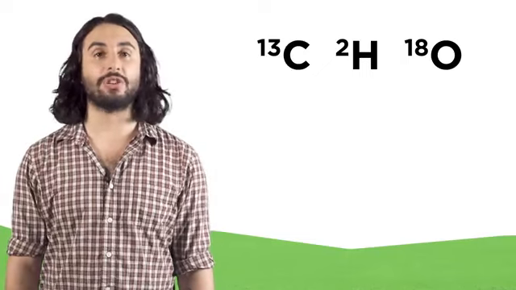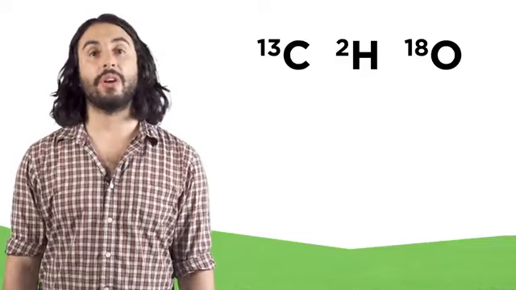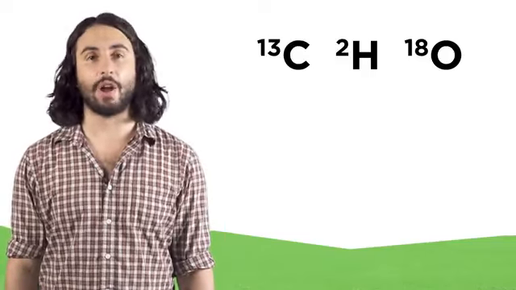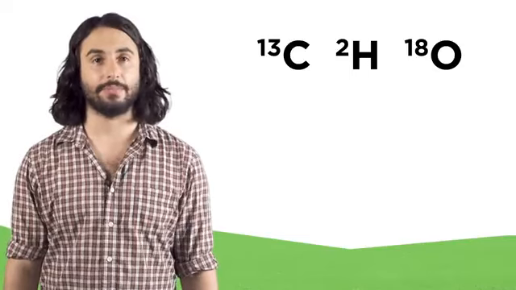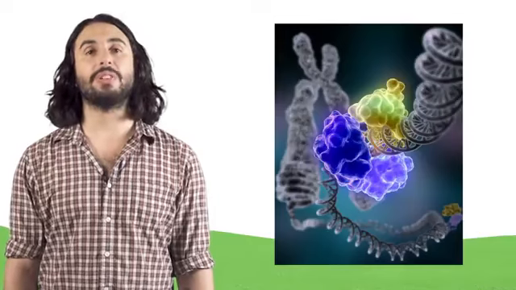Most elements have naturally occurring isotopes that do decay over time, even carbon, hydrogen, and oxygen. So there are radioactive nuclei decaying all over your body every second. Luckily, we have enzymes that repair DNA damage as it happens. But if we were to be in the presence of a highly radioactive substance that is emitting particles at a high frequency, this would do much more damage than our bodies can repair.